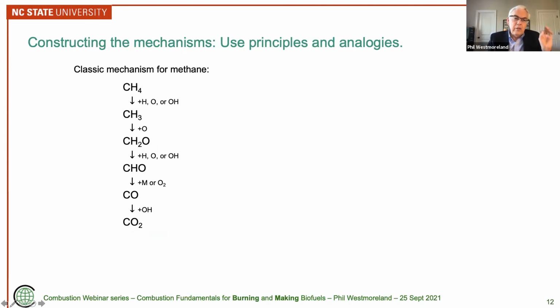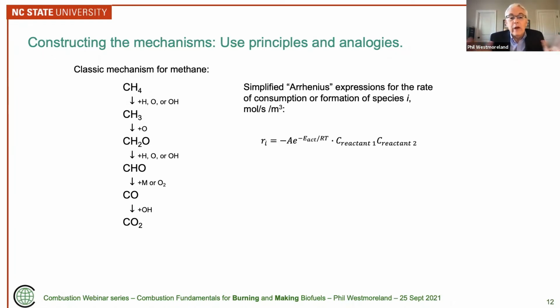They had put together the individual steps that occur, and to the uninitiated, it looks like just a string of numbers that I've put in. We have simplified rate expressions. We say the rate is going to equal an Arrhenius expression, a rate constant, times the concentration of the two reactants, or maybe a more complicated form with a T to the B type term to capture a wider range of temperature.